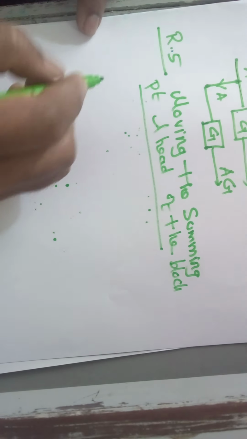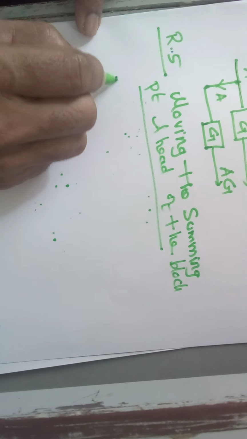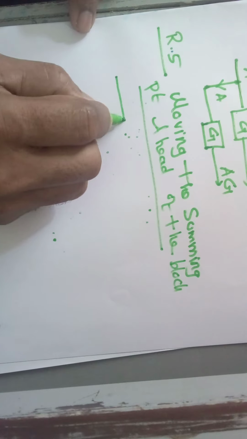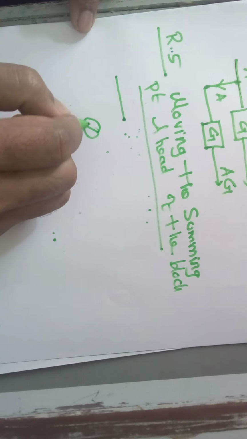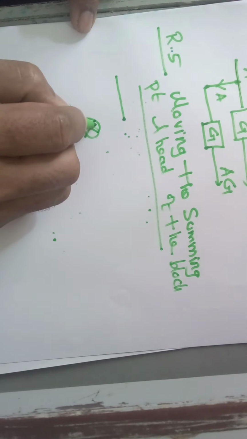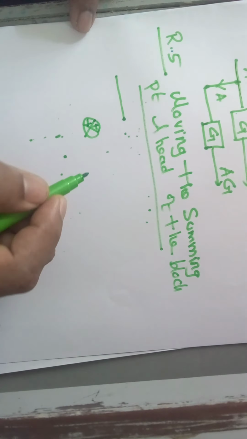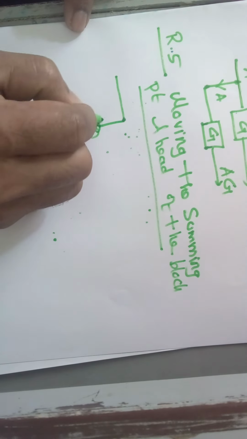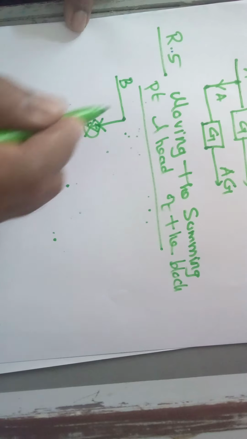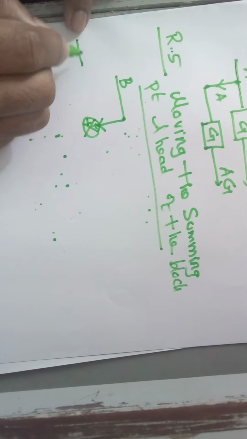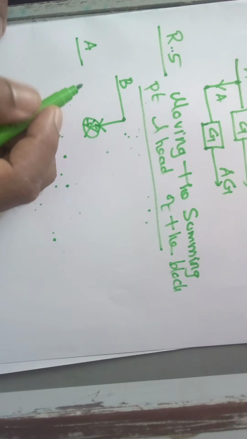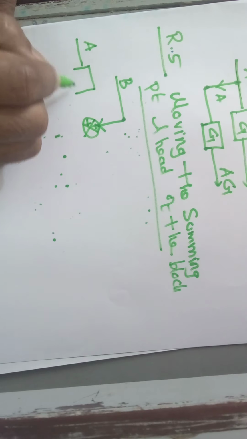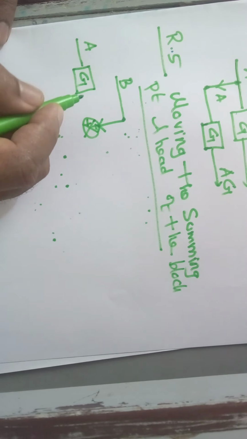Looking at this block diagram, here you have a summing point where the signals are added, right? This is one signal, represented as B, and you have another signal, input signal A. It is applied to the gain block G, right?